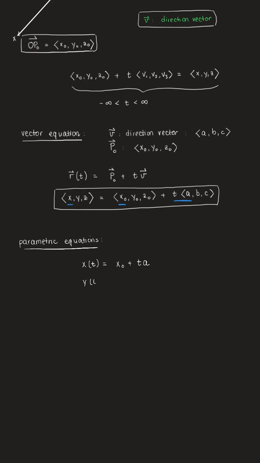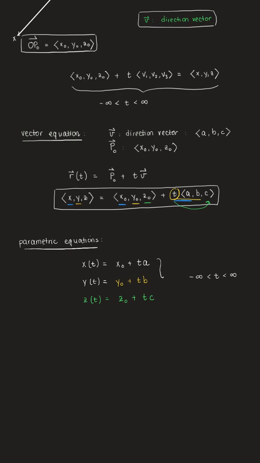Y of t will use the second coordinate. So y equals y sub 0 plus t times b. T is just a scalar. And then finally z of t, we're going to start at z sub 0 plus t times c, where we're letting t go from negative infinity to infinity to give us the entire line.